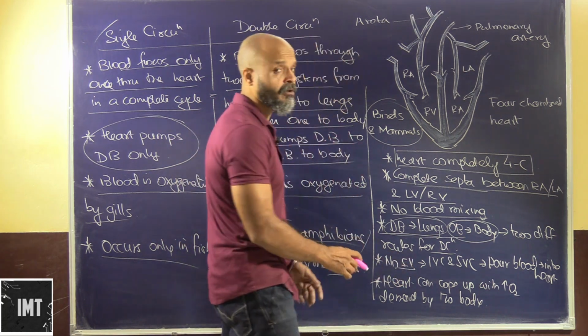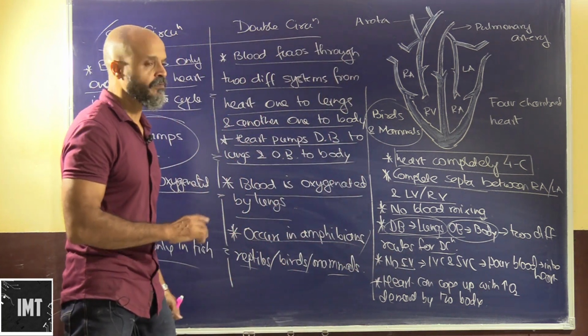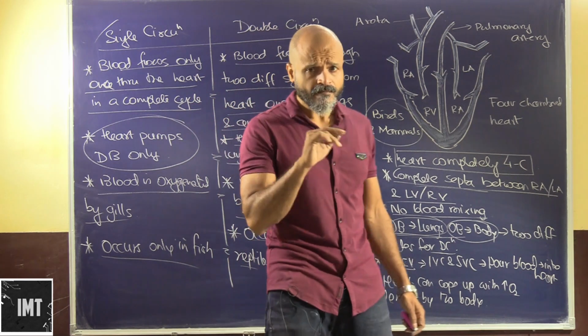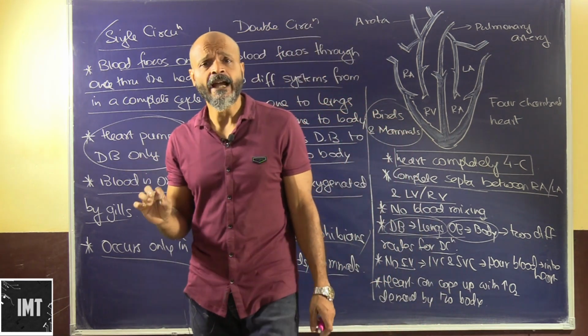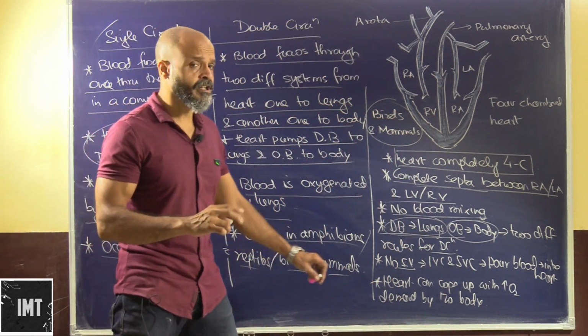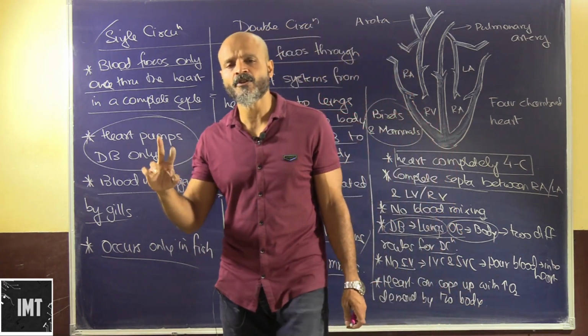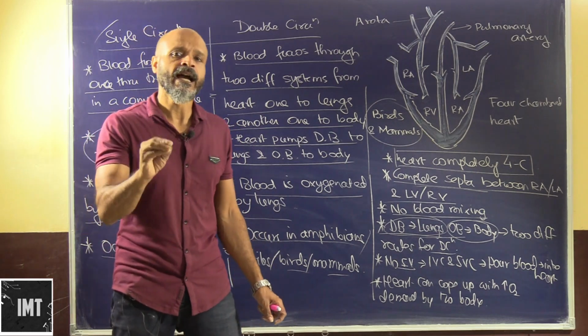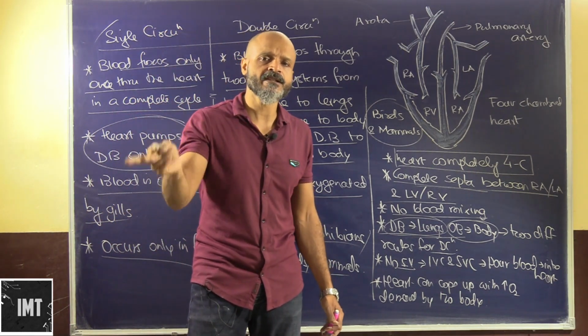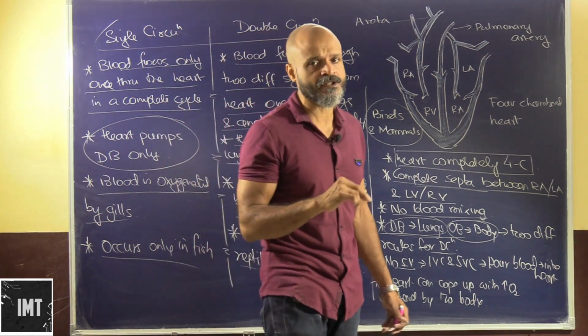Now talking about the accessory organs. We have seen in fishes we have sinus venosus and conus arteriosus. In amphibians, we have sinus venosus, and the conus arteriosus gets modified into truncus arteriosus.